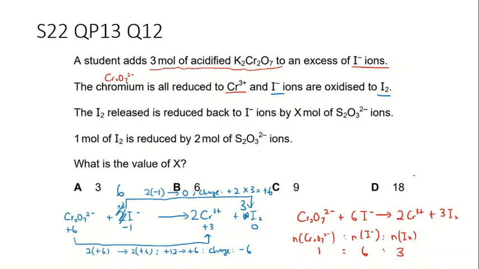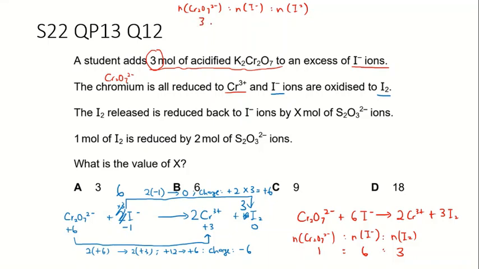Now let's look at the question again. It says that the student adds 3 moles. I have 1 to 6 to 3. So the student uses 3 moles of potassium dichromate ions. So I have to change this to 3. Let's rewrite. So from here 1 to 6 to 3.